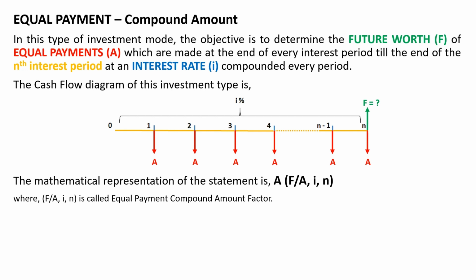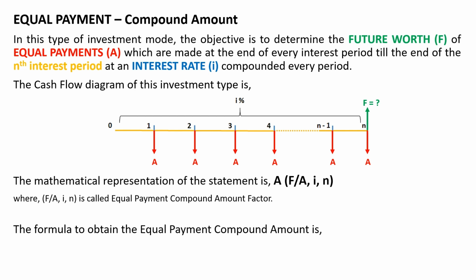The term F slash A I N is called equal payment compound amount factor. The formula to obtain the equal payment compound amount is F is equal to A into 1 plus I to the power of N minus 1 divided by I. Here I is in terms of decimals.